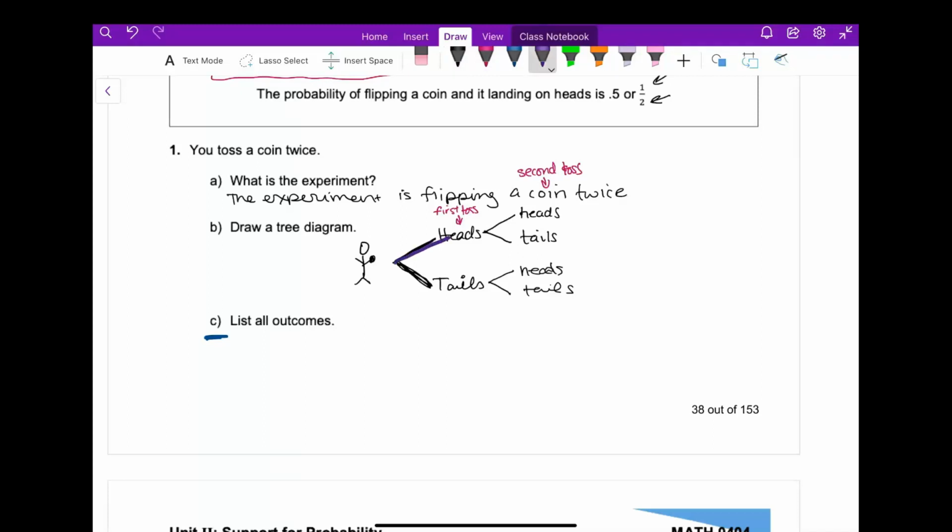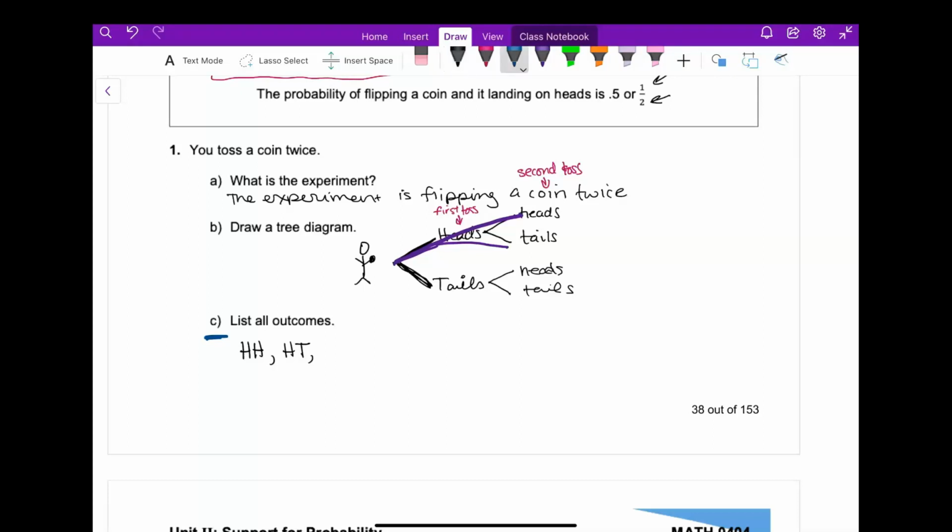So from here to here, an outcome would be heads, heads. And I'm going to be short and just say HH. Another outcome could be it starts here, heads, and then goes to tails. So this is heads, tails. So heads, heads is one outcome, and heads, tails is another outcome.